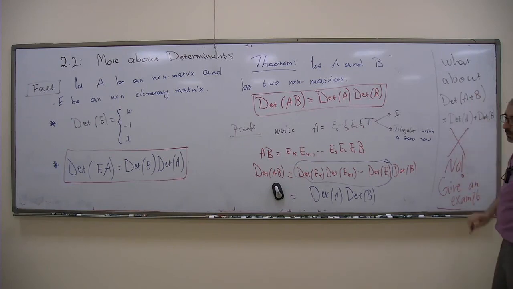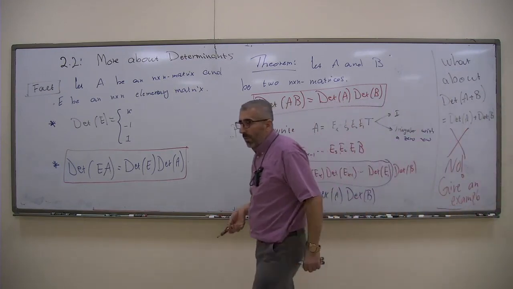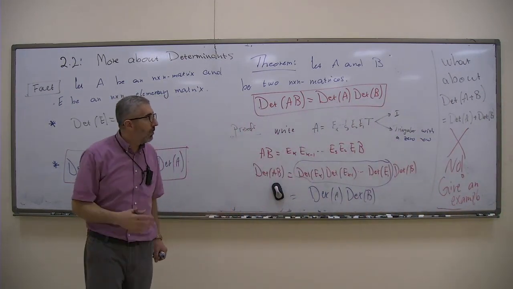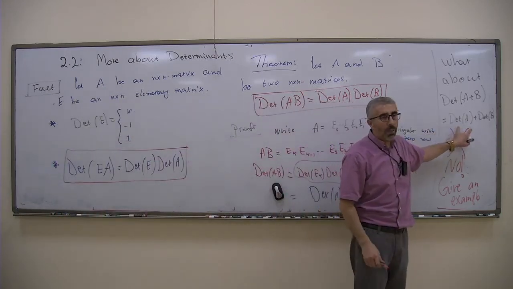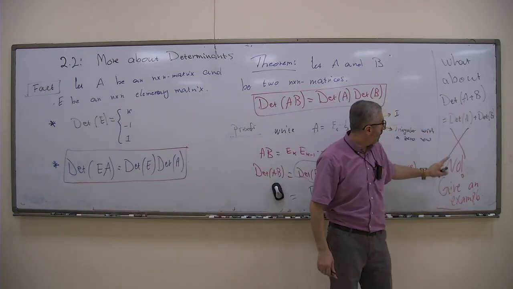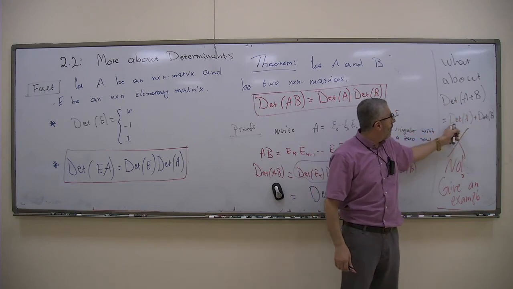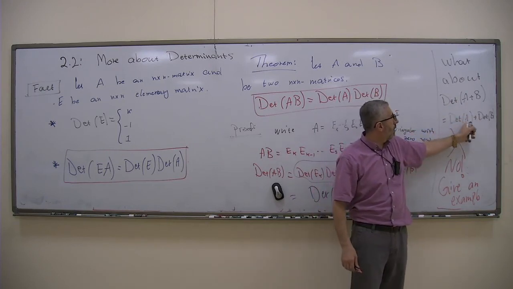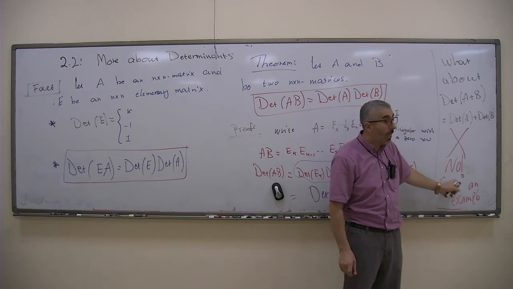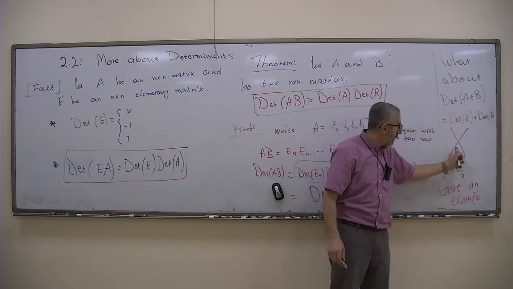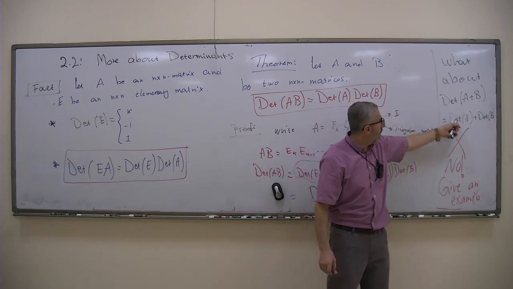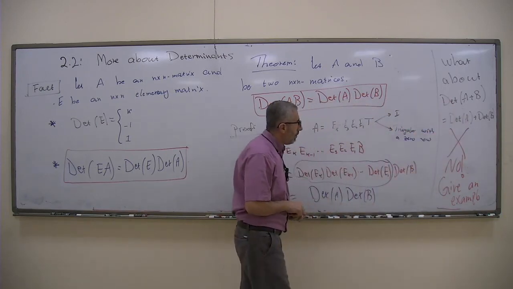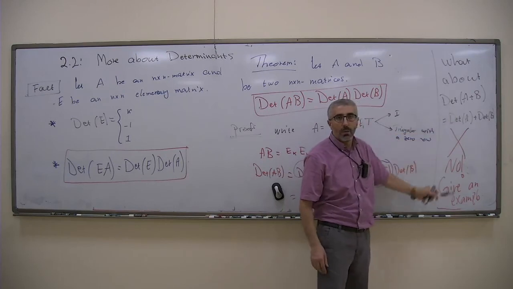Don't go too far, just think about an easy example: two 2 by 2 matrices. See what is the determinant of the sum and the determinant of each one of them, and see that the determinant of A plus B is not necessarily the same as the determinant of A plus the determinant of B. I leave it for you to take a counterexample and see this is not true in general.